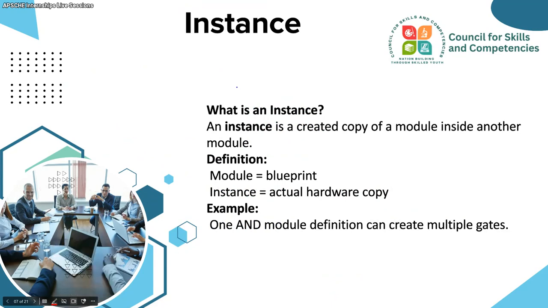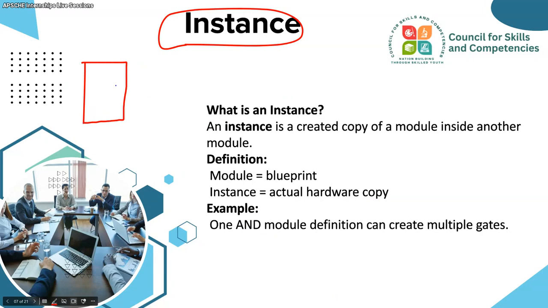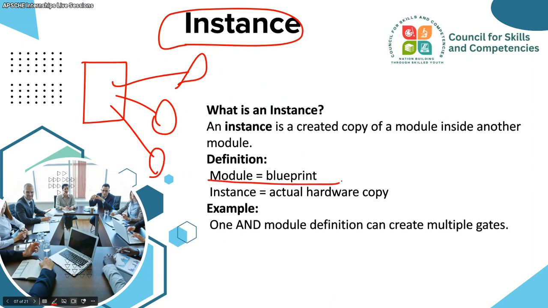Now we were trying to understand the module. Now, instance. I have one module, and you can create many instances from that module. The module is a blueprint, and using that blueprint, however many instances you want, we are making actual hardware copies.